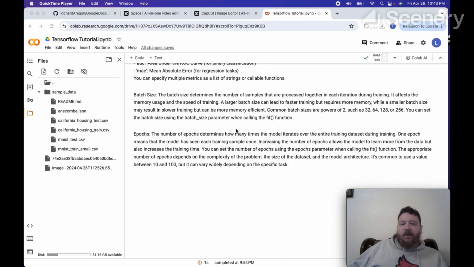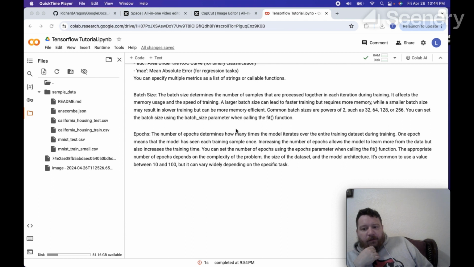Think of it like this: if we have a document with 100 rows, and we break it up into 25 rows each, that's 4 batches, right? But if we break it up into 10 rows each, then we have 10 batches. And how we break that up dictates our training rate in this instance.